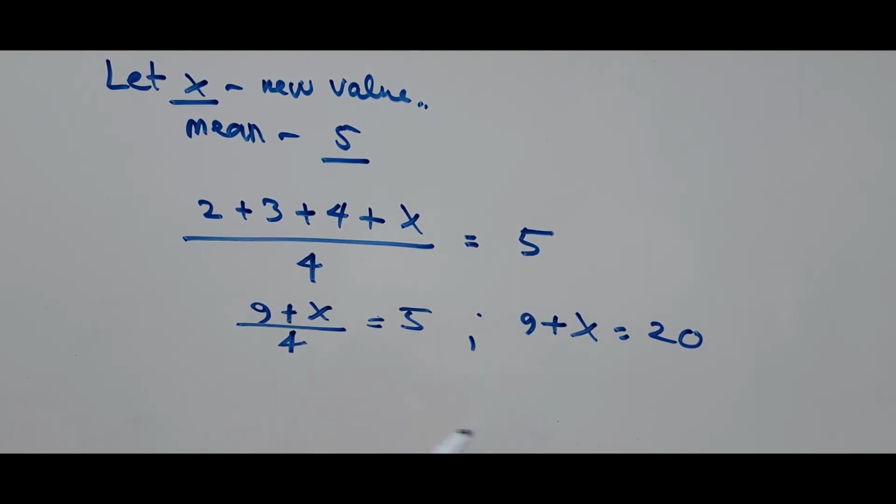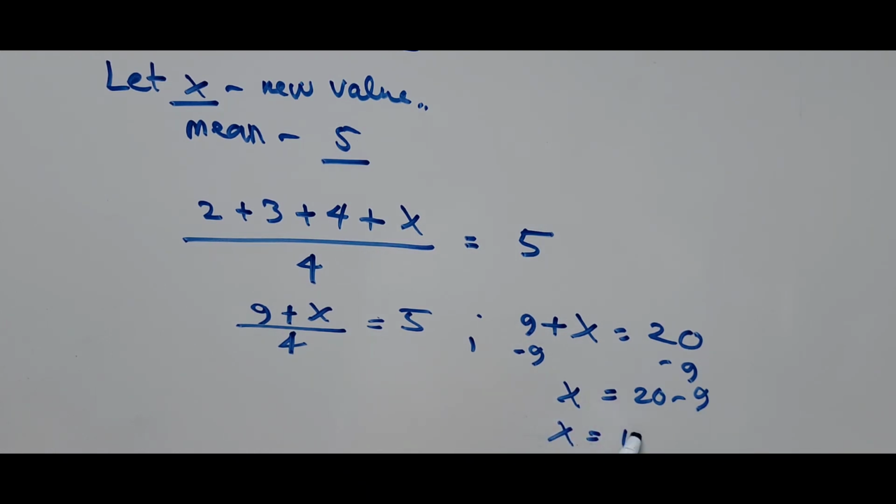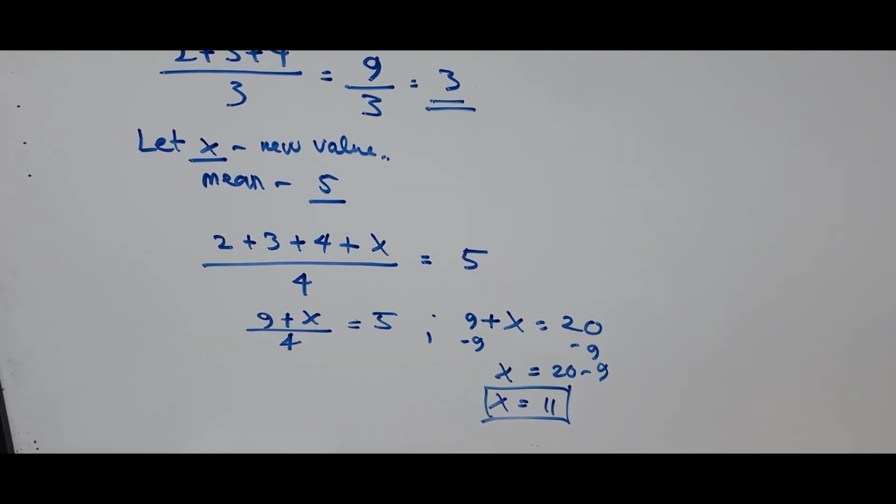From here, we're transposing 9 to the other side, which means we're subtracting 9 from both sides. This cancels, and x is equal to 20 minus 9. This simply means x is equal to 11. So we just found that x is 11, which is the value added to the set of values.